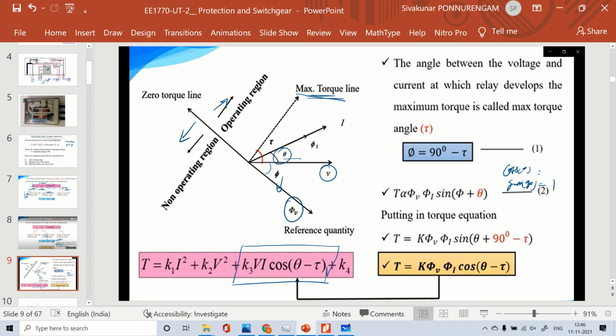Below that 90, it can deviate into another quadrant.